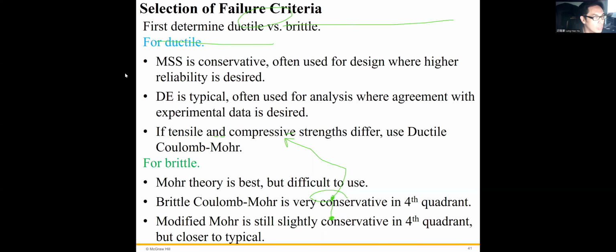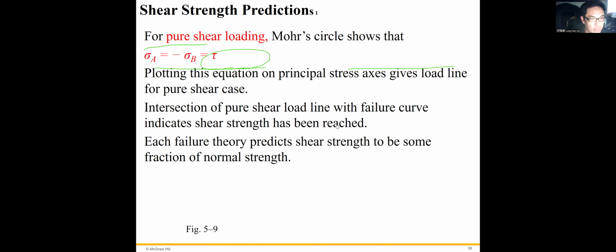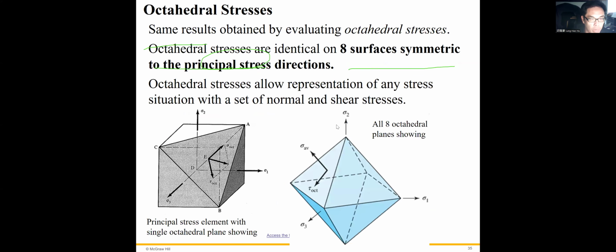Okay, so summary: for ductile materials, the maximum shear stress theory is conservative, often used for design, and we have high reliability. This result is consistent with what we calculated from the example.